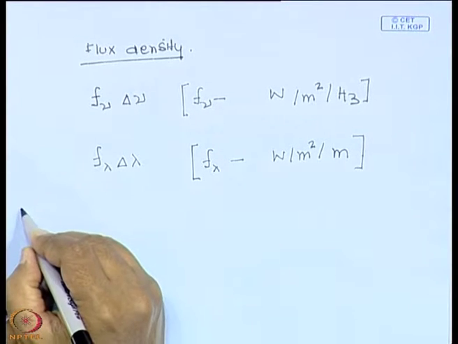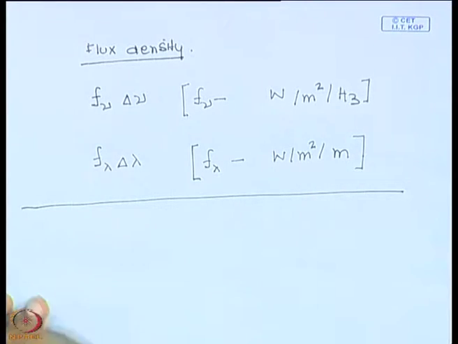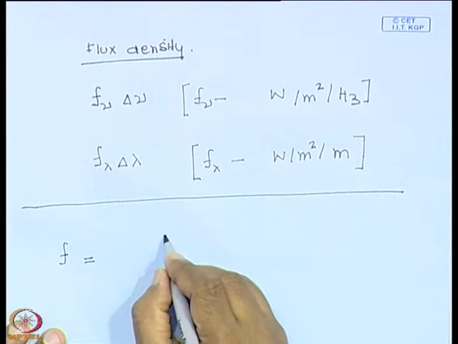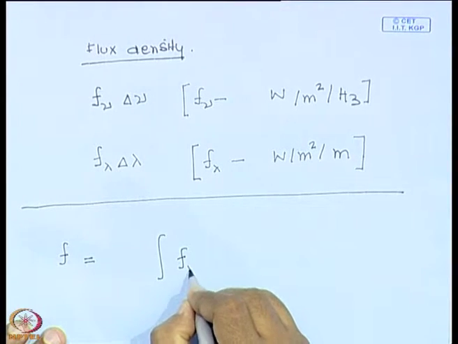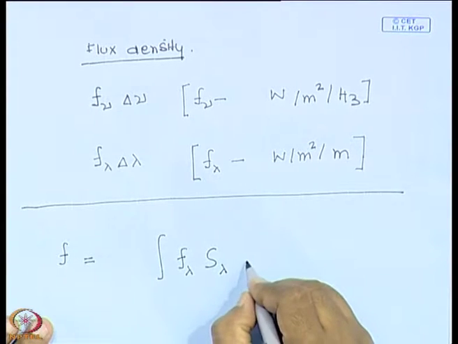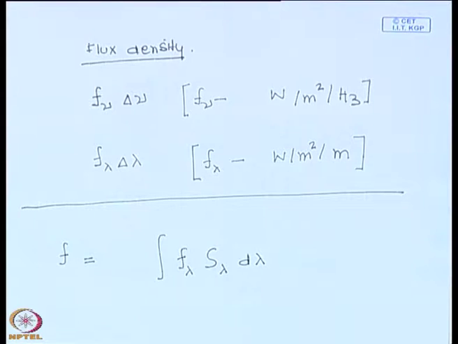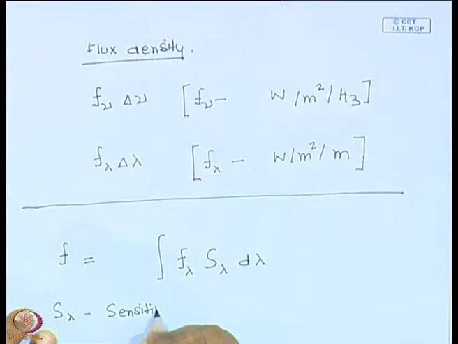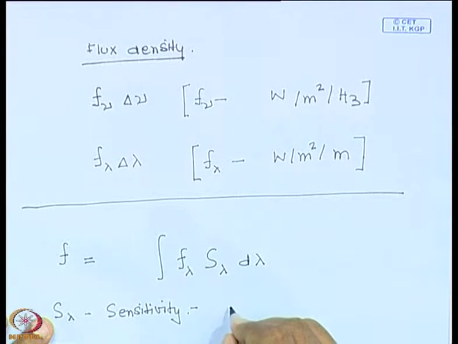The quantity that is measured in any astronomical observation, suppose I am looking at a star or a galaxy through a telescope, is the flux, which is the flux density F lambda into the sensitivity of the observation S lambda into d lambda, and the sensitivity incorporates the effect of the atmosphere that we are looking through.